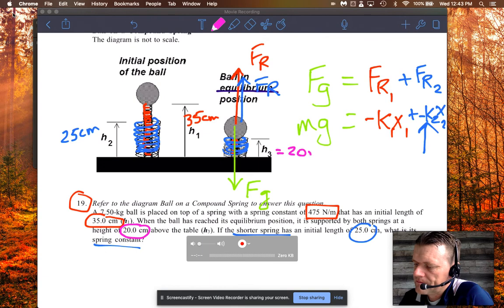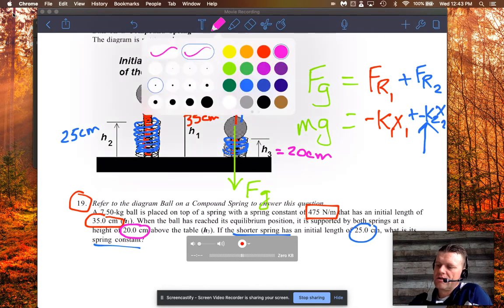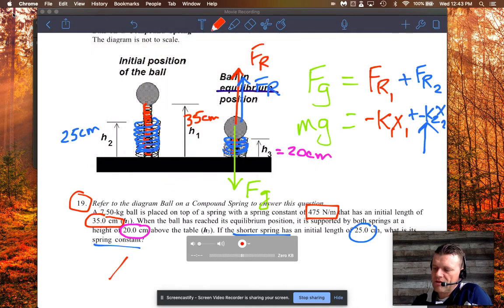So the red spring, and this is what you have to catch, went from 35 to 20, and the blue spring only went from 25 to 20. So when you're calculating x in both cases, let's do red first, x1 is going to equal 0.35 meters minus 0.2 meters.